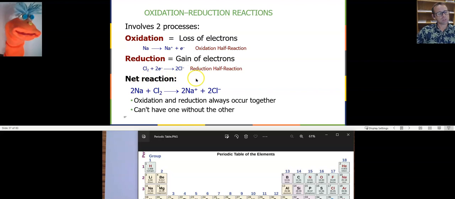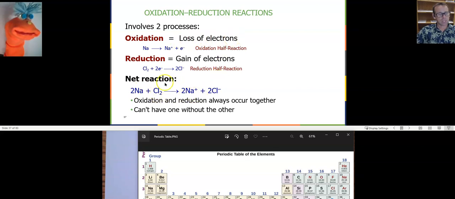And the sodium goes to sodium ions, or in other words, it loses electrons, right? And the chlorine goes to chloride ions, or in other words, each chlorine gains an electron. Okay? So sodium, when it loses electrons, we call that an oxidation.